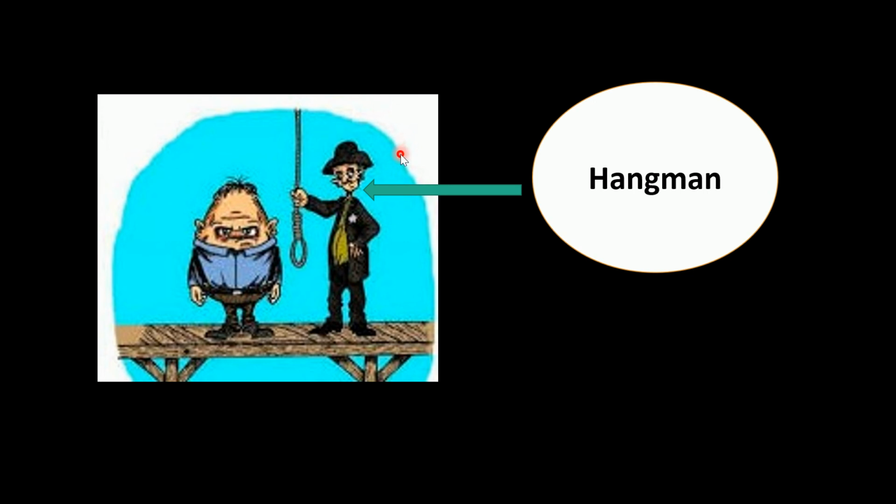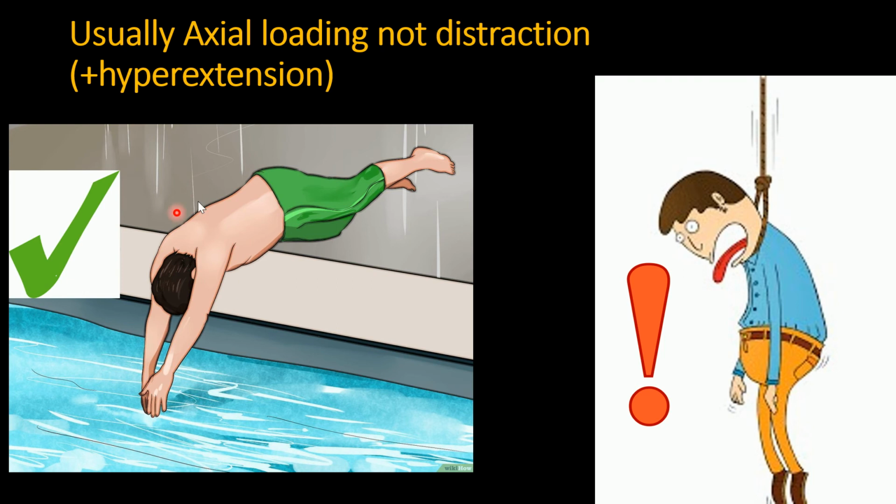It was thought that Hangman fractures are mainly caused by this type of trauma, but as we see here, the most common presentation of Hangman fractures is usually axial loading and not distraction as in hanging, plus hyperextension.